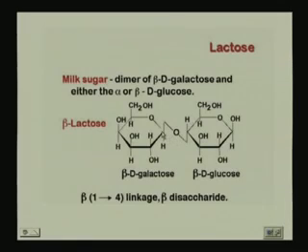So, beta 1,4 linkage. Okay. It is linking galactose and glucose, that is lactose. So, it is the dimer of beta D galactose and either alpha or beta D glucose. So, this could be either up or down, this OH, because it is linking either the alpha or the beta D glucose. So, we have beta 1,4.